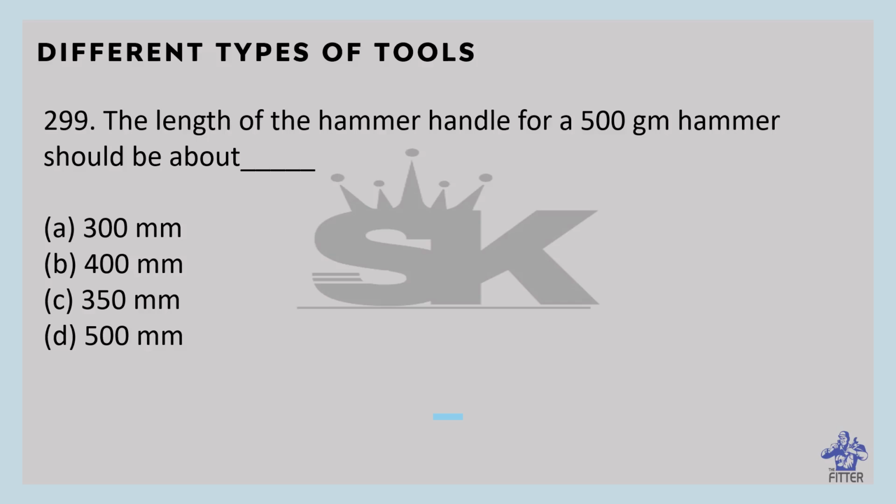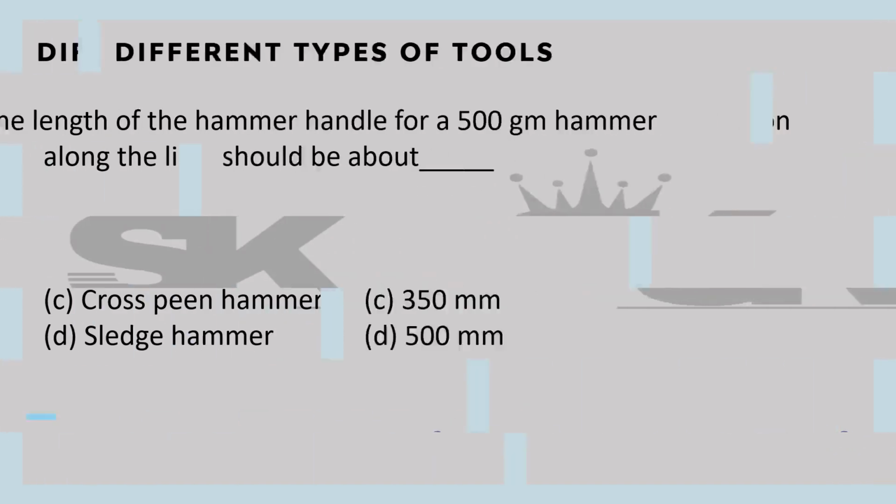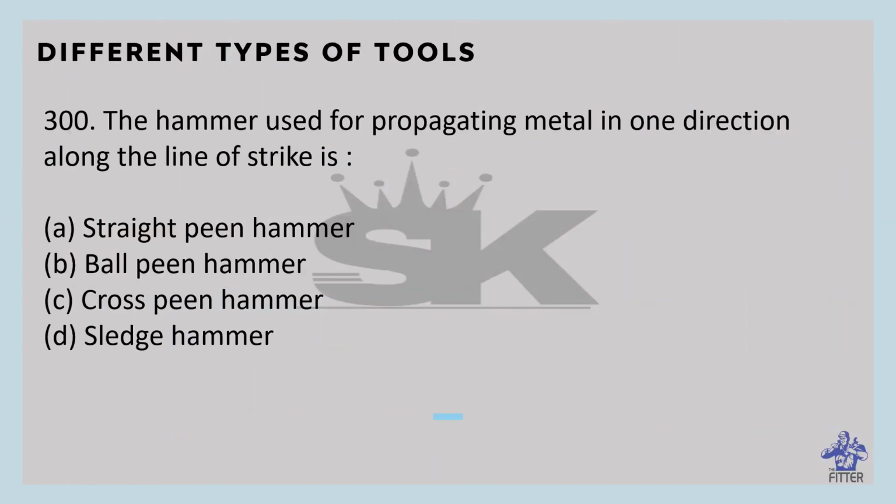The length of the hammer handle for a 500-gram hammer should be about 300 mm. Which hammer is used for spreading metal in one direction along the line of strike? That is the cross pein hammer.